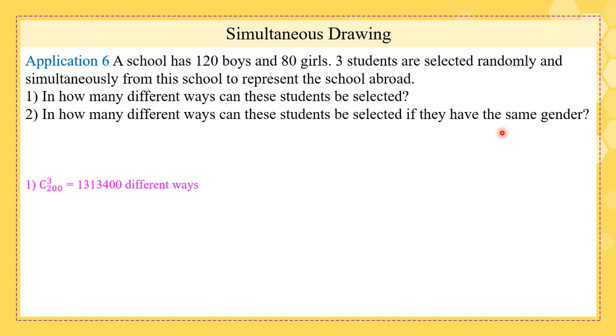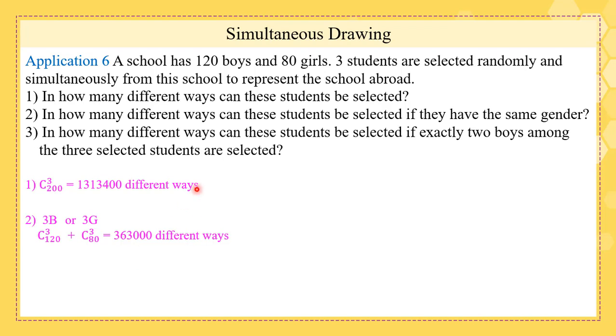Now, the condition here, we need to choose them having the same gender. Try also to do it alone. So same gender means they are 3 boys or 3 girls. 3 boys means 3 out of 120, or means addition, and 3 girls means 3 out of 80, and this would be the answer.